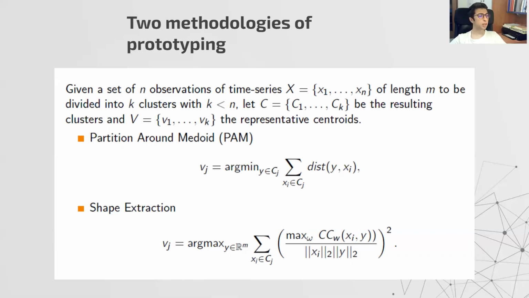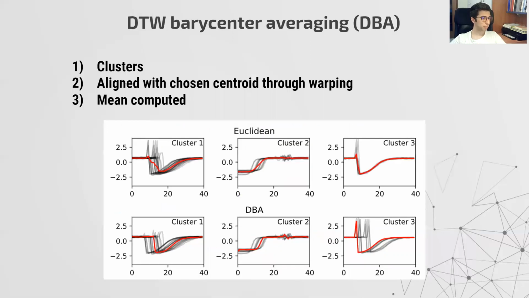Then there is the third approach, and it is called, in this case, the DTW barycenter averaging. As I said, this is only an example of this kind of approach. In this approach, we are doing this process.